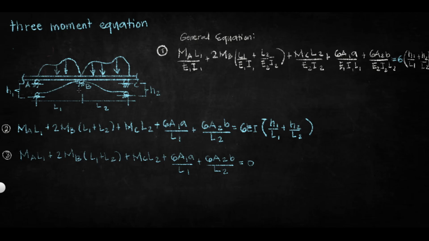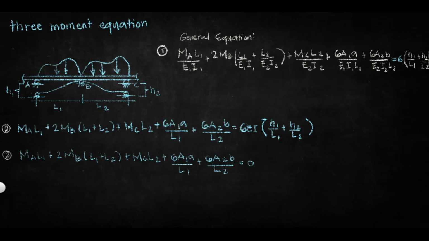Like here in our figure, we have considered three internal rollers, A, B, C. So we have three points, A, B, C, and each point has an internal moment: MA, MB, and MC. Those will be our three moments.